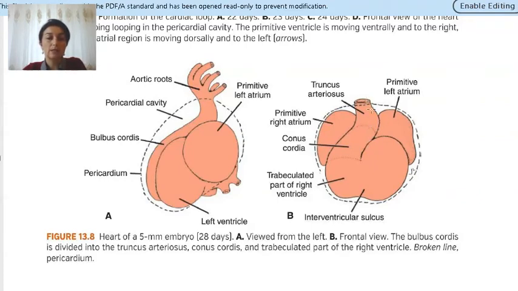Why? Because of the expansion of the atrium. So the outflow tract, the truncus arteriosus together with conus cordis, will move toward the center of the heart.